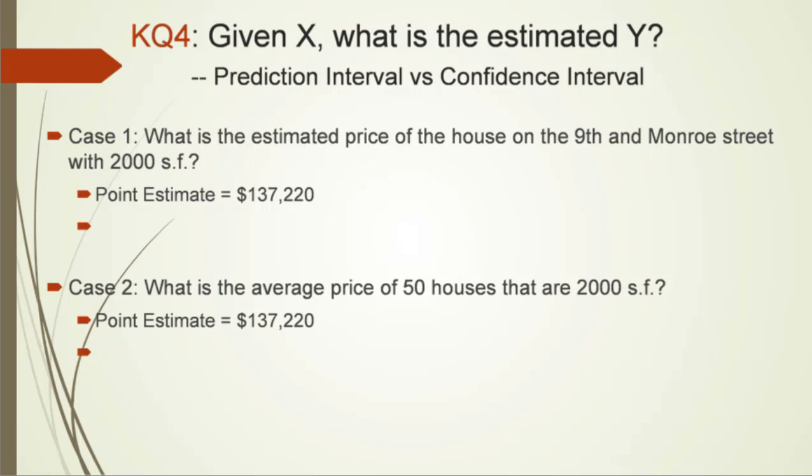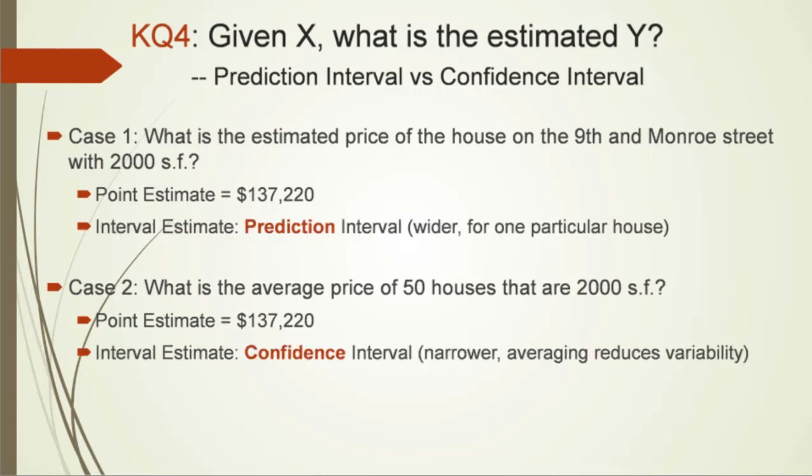You may want to think carefully about whether we are more certain with our estimate in case number 1 or case number 2. In the first case, we estimate a house price for one particular house. Our estimate could be higher or lower than the actual house price. In the second case, we estimate the average price of a bunch of houses.